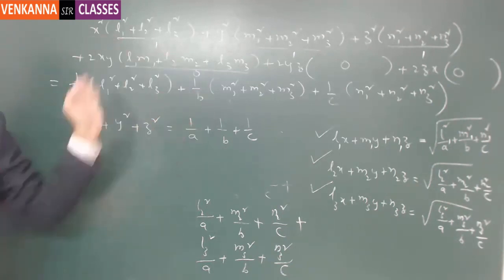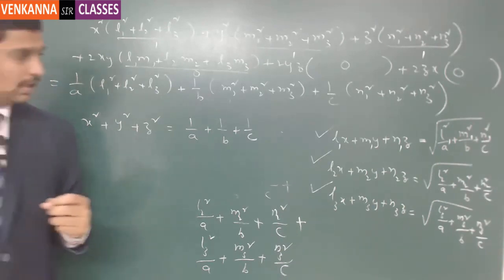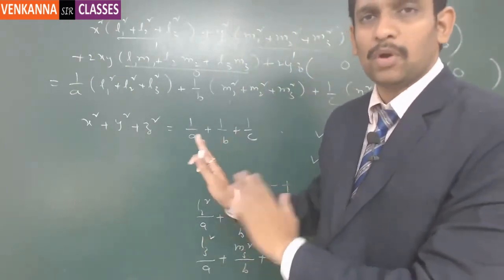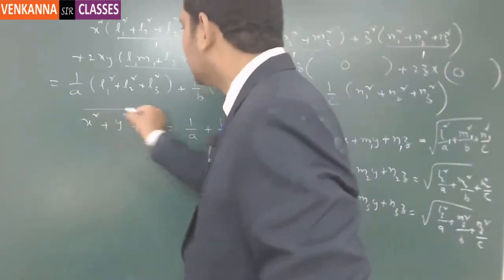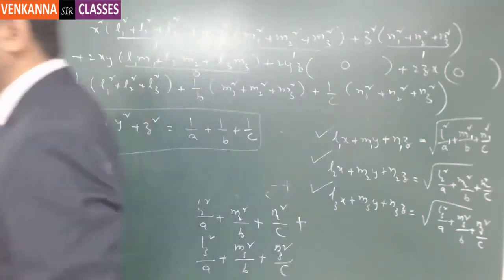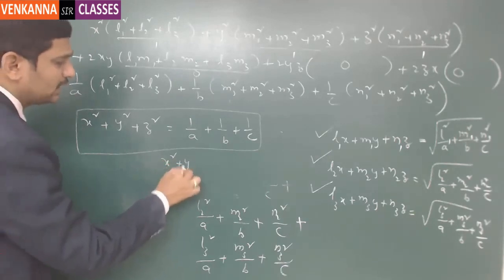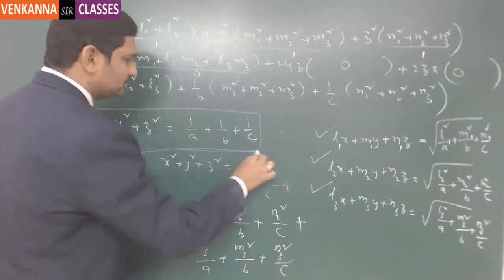So is it clear to all how it came? Right. Now, this is the required locus. We have completed the problem. So this is the solution for the problem. Now, on looking at this equation, what can we say about the locus? In other words, if you observe, the equation is looking like x square plus y square plus z square is equal to r square.